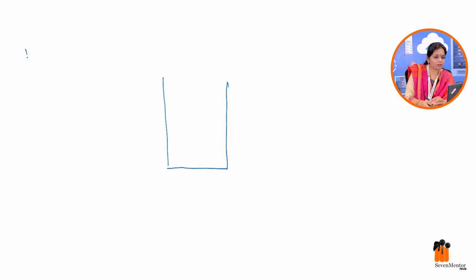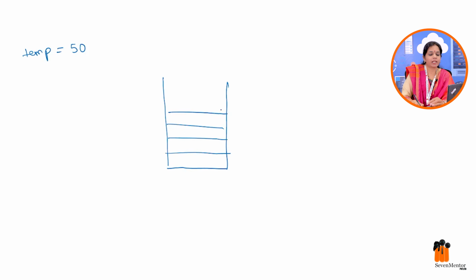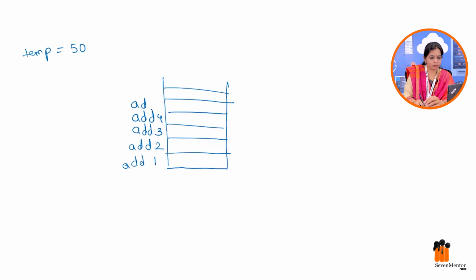First I will take a temp variable, 50. Okay, so how does a list work at the back end, or how is the memory management done in a list? So this is address 1, address 2, 3, 4, 5 and 6.